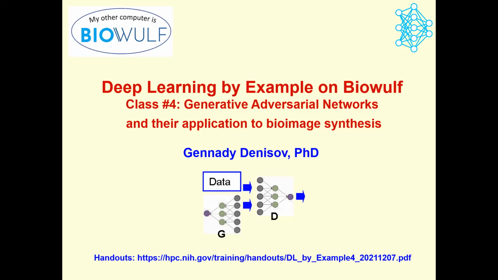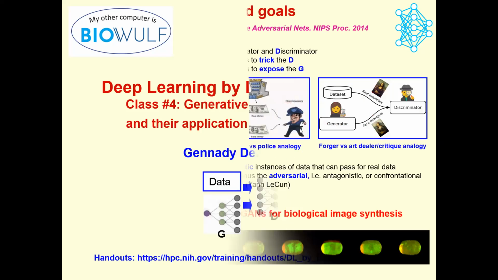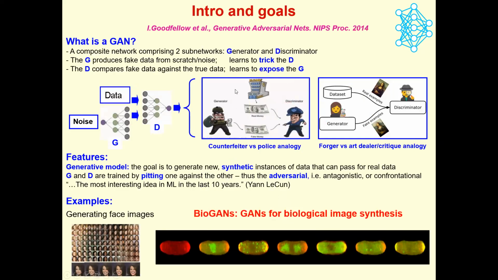So the topic of this class will be generative adversarial networks and their application to bioimage synthesis. Let me start with a discussion of what a generative adversarial network, or GAN, is. It is a composite network comprising 2 subnetworks, the generator and the discriminator.